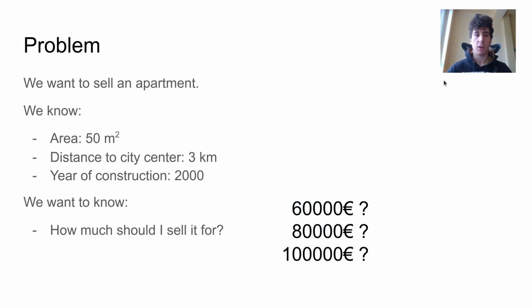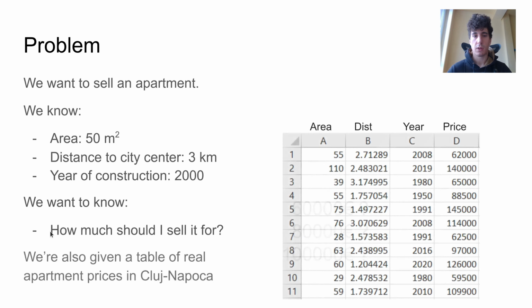And we would like to know, how much should I sell the apartment for? How many euros? So we have these 3 inputs and this one output. Also, we will be given a list of apartments.